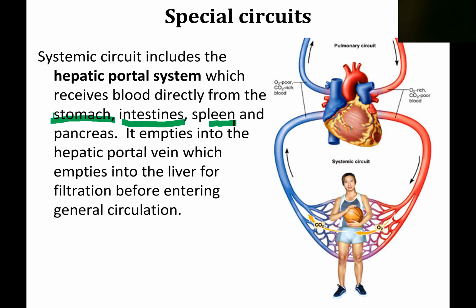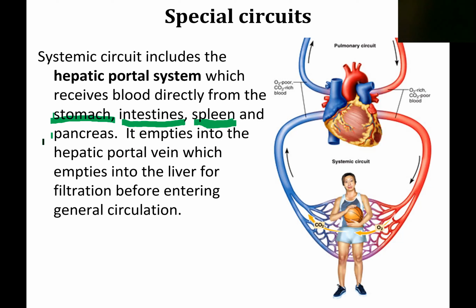The spleen is filtering out antigens and dealing with them, and so that goes to the liver so that it can deal with those antigens and make them less harmful.